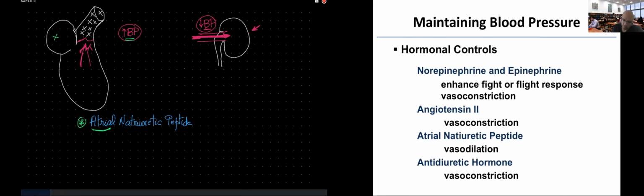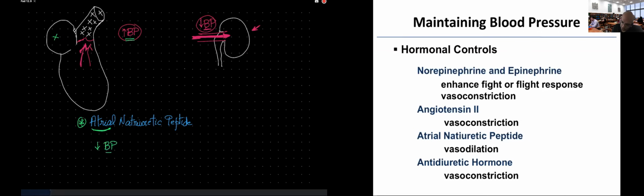High blood pressure. So what do you think is going to be the action of the hormone called atrial natriuretic peptide? Will it increase the blood pressure or reduce the blood pressure? If we already know that the heart hates high blood pressure, can you guess what atrial natriuretic peptide is going to be trying to do? It's going to be trying to reduce the blood pressure.